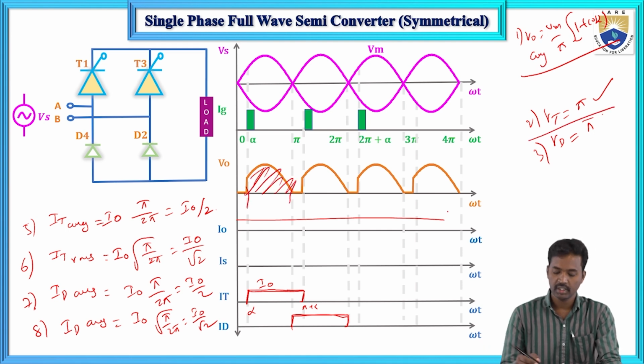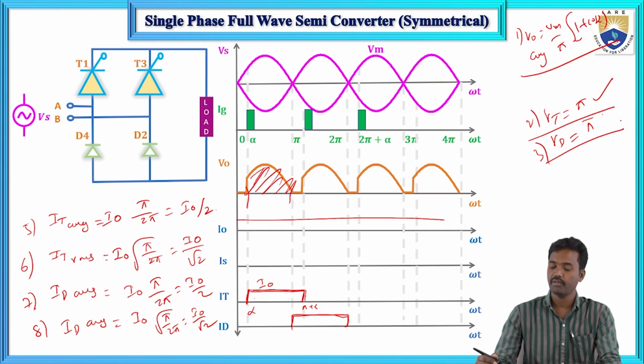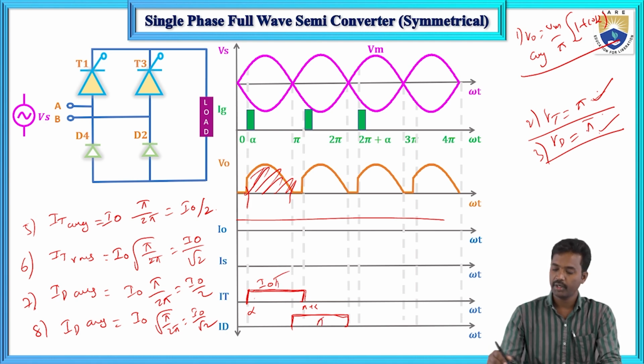And next, conduction time for diode and conduction time for SCR thyristors is pi. The same duration they are conducting means that it is symmetrical. So this is pi duration and this one is pi duration.